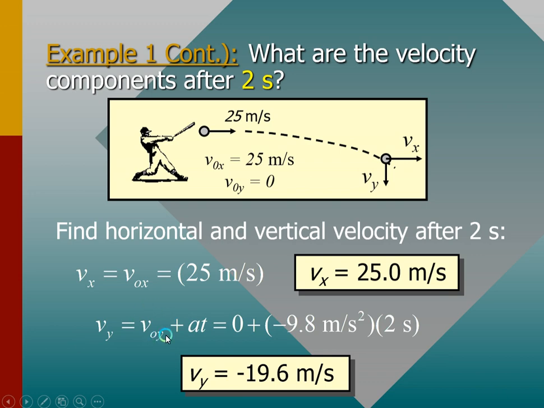We have VOY plus AT. VOY is 0 since there is no y component, plus G as our acceleration, which is negative, then our time, which is 2 seconds. It is still the same as the value we obtained earlier.